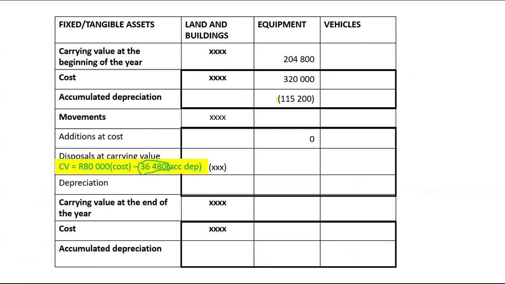So carrying value of this equipment sold at the date of sale will be 43,520. Depreciation of all equipment was 38,400. We calculated this. Both will be in brackets.